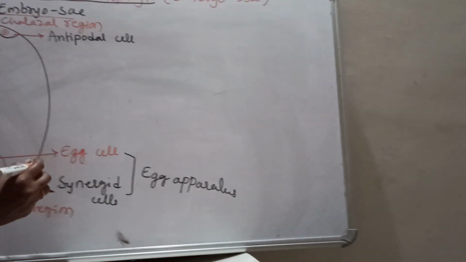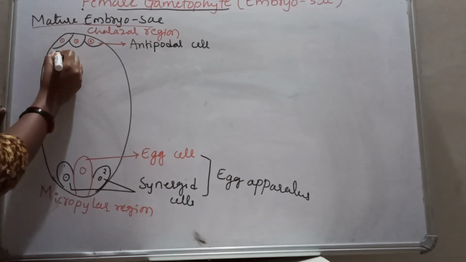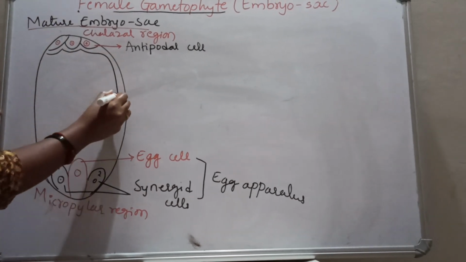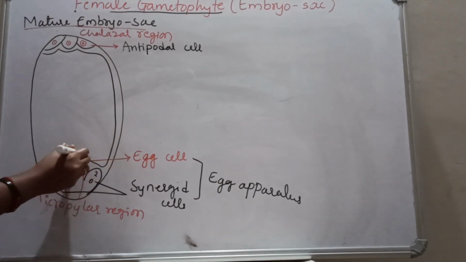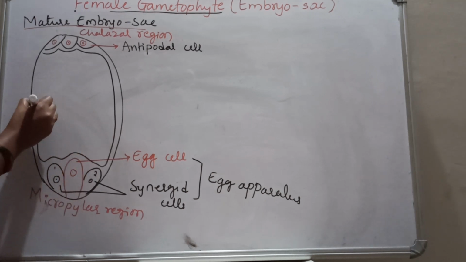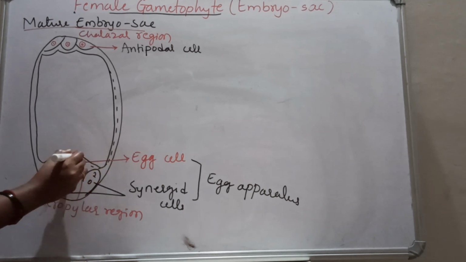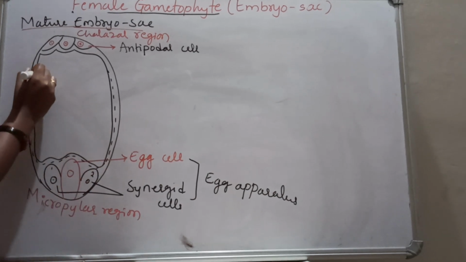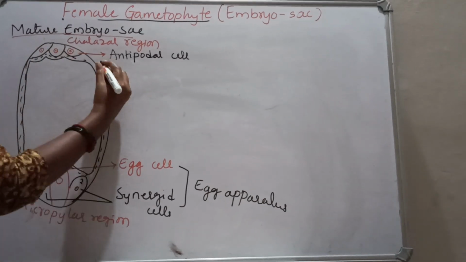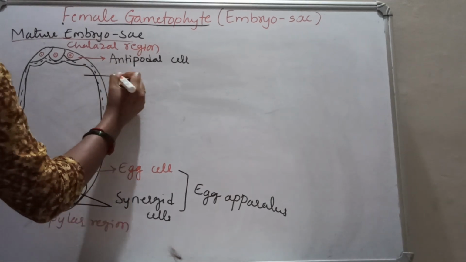Egg apparatus. And next, here is the central cell.